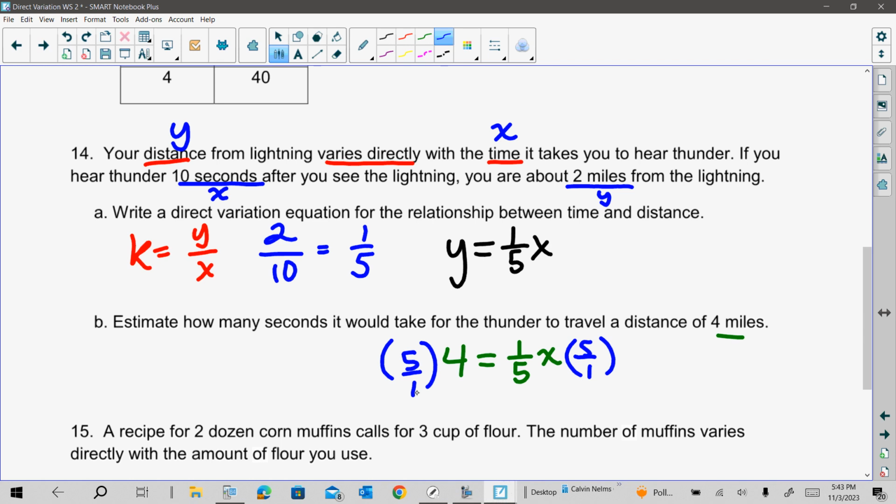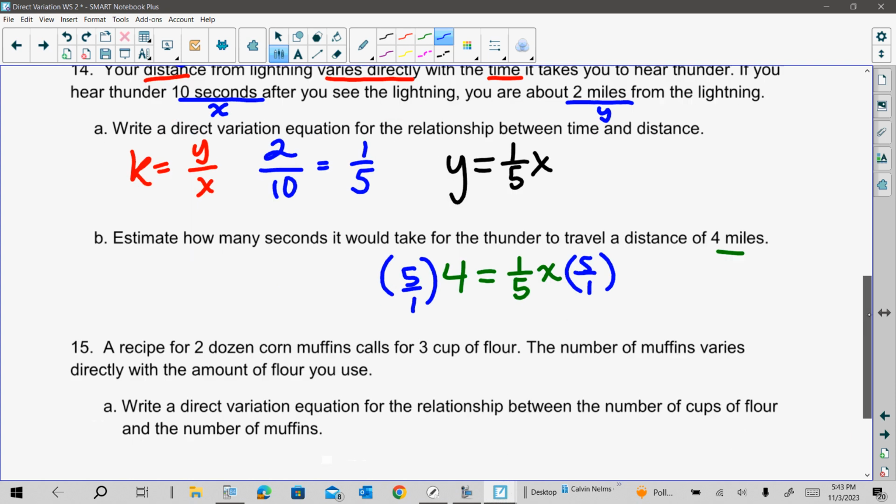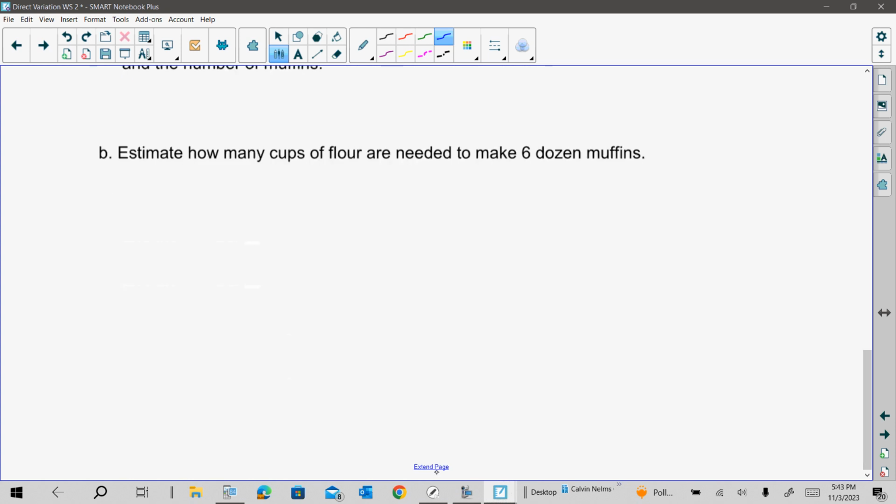So I want you to do number 15, and then I know it's not on here, but you need to remember when you're done, you need to make sure you complete the ALEKS assignments.